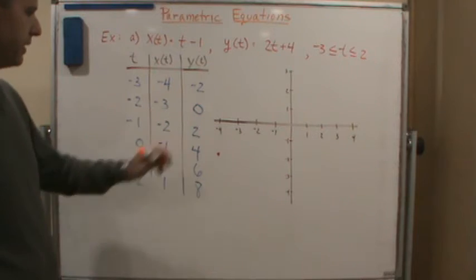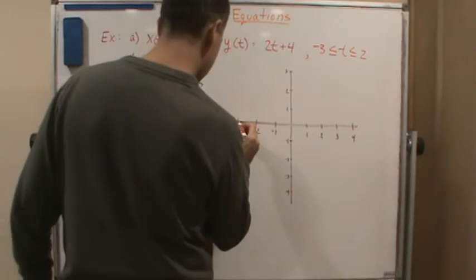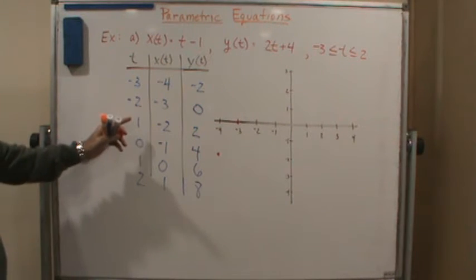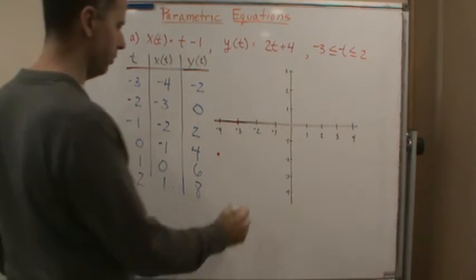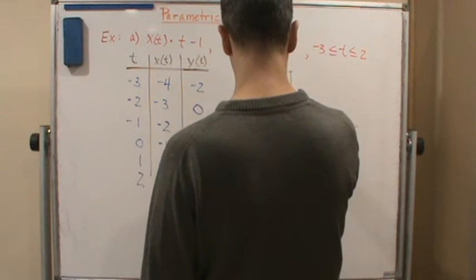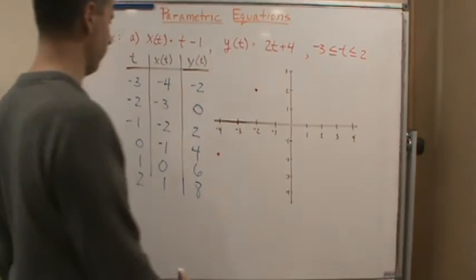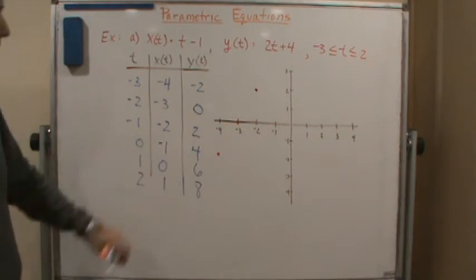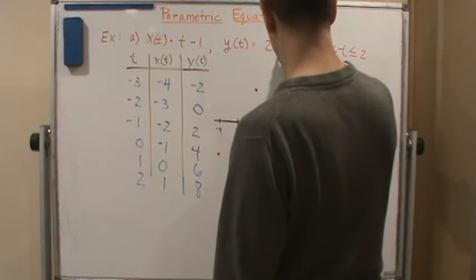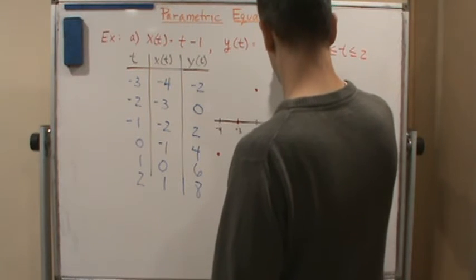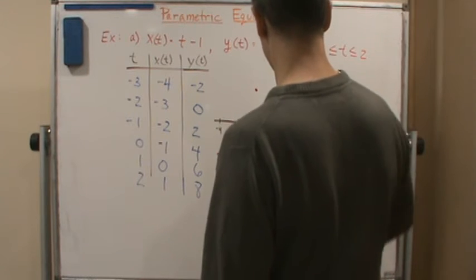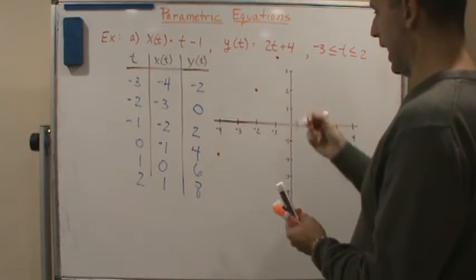And then we get -3, 0. So -3, 0 is right there. And then we get -2, 2. So that's going to be right about here. And then we get -1, 4, which is going to be right about here, right? And it goes on.